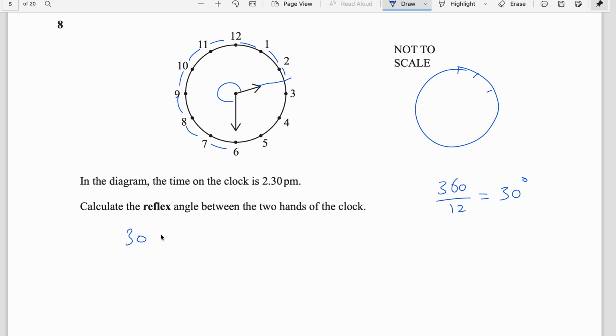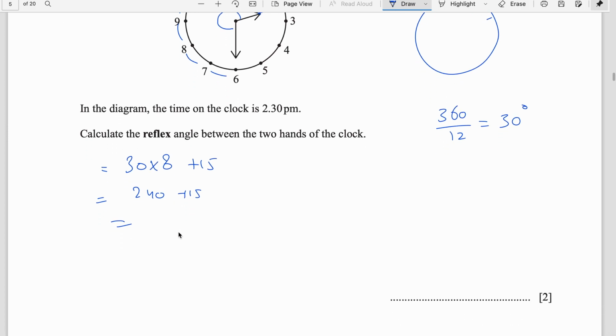So 30 times 8, plus half remaining is 15 degrees. So 240 plus 15 is 255 degrees between these two as the reflex angle.